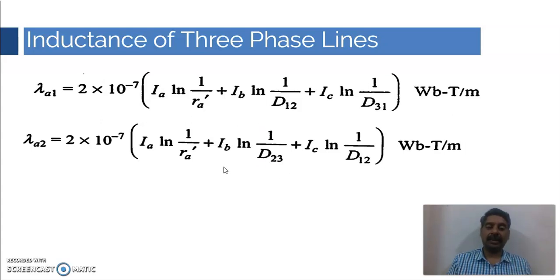Similarly, due to current IC flowing through conductor C, the flux linked with conductor A now becomes IC natural logarithm 1 by D12, because conductor C is located in position 1 and conductor A is in position 2. That's why it is IC natural logarithm 1 by D12 Weber turn per meter.